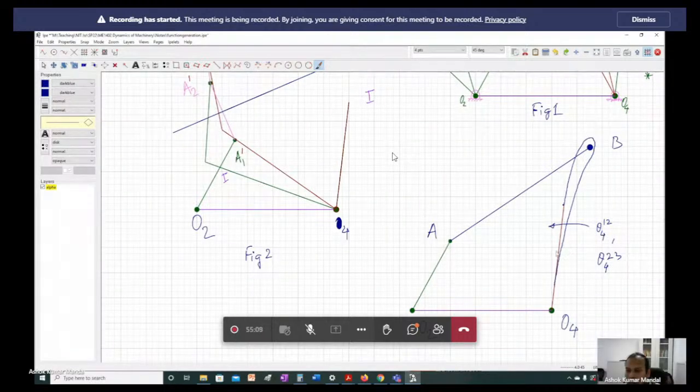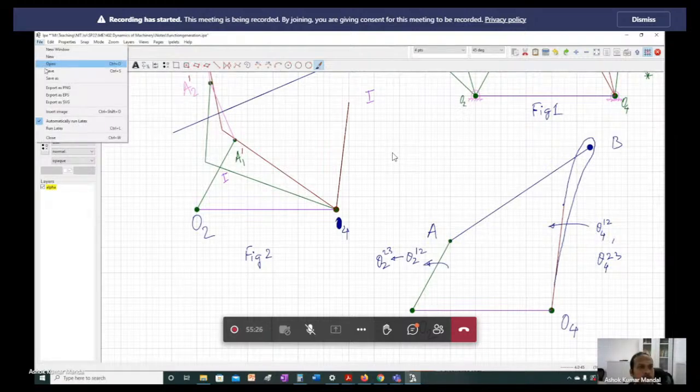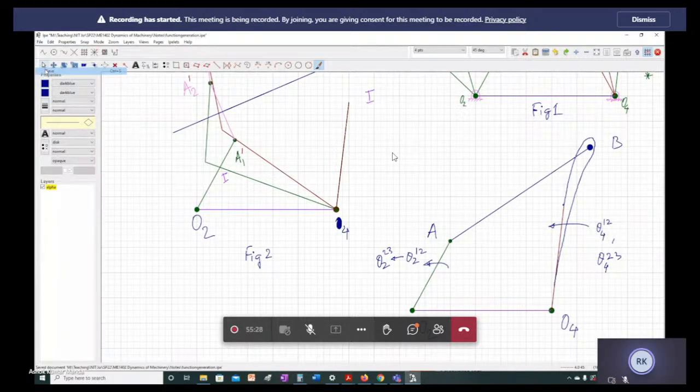All the motions you will have when you have here the motion theta 2 from 1 to 2, and then theta 2 from 2 to 3. This is the mechanism. Did you get it? How we arrived at this solution? Any question? Yes, sir.